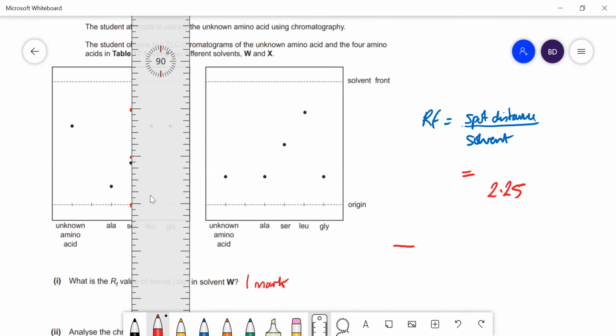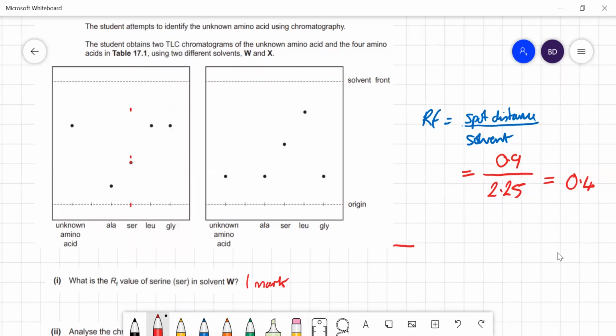And how far has the spot moved? Well, it's moved exactly as the serine, which is about 0.9. So 0.9 over 2.25. Obviously, this is much easier to do on paper, so we might not get a very accurate answer. 0.9 divided by 2.25 is 0.4. Okay, so 0.4 is the RF value there.